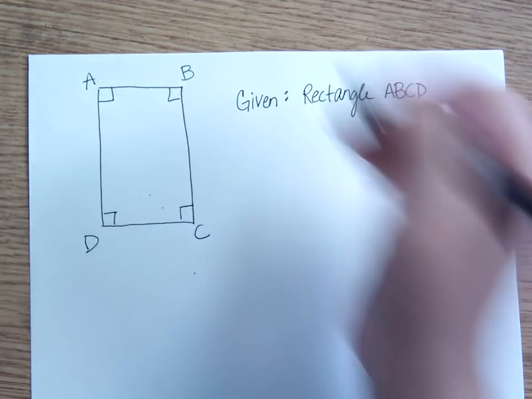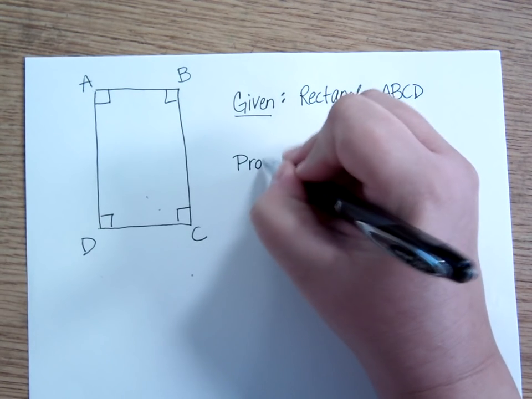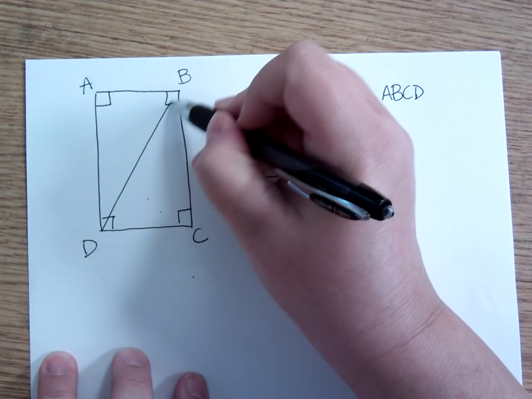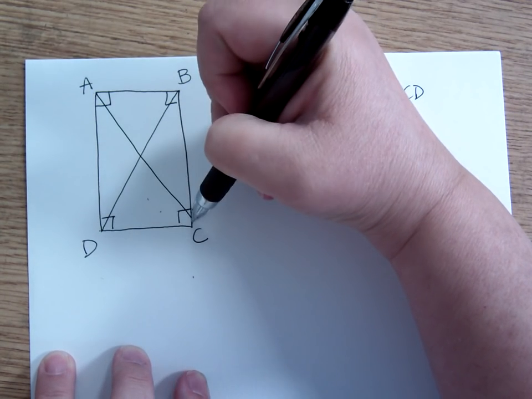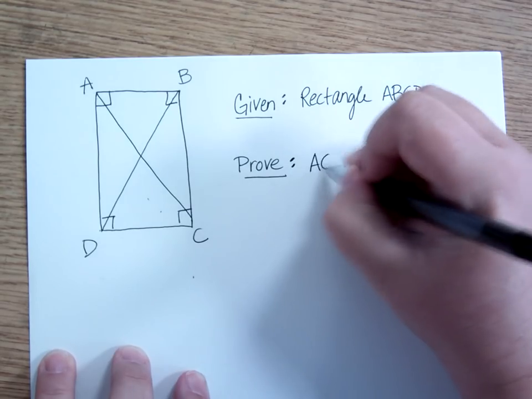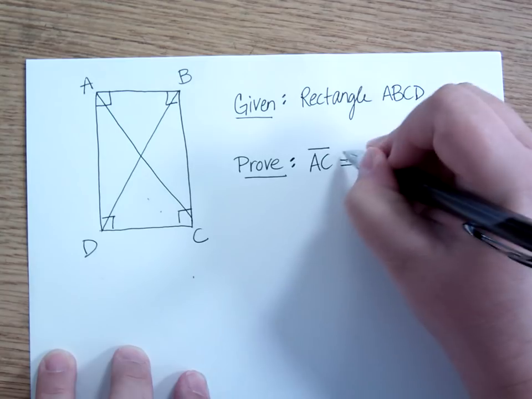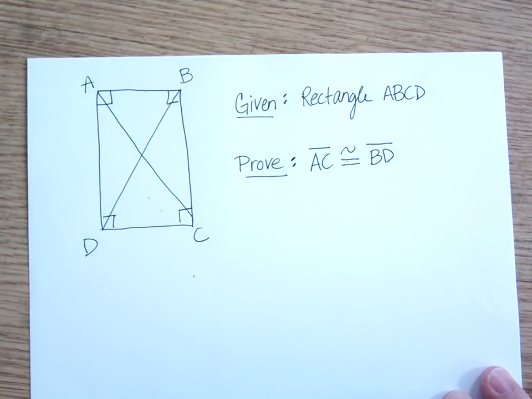So that's my given, and I want to prove that segment BD and segment AC have what relationship? What relationship should AC have to BD? They should be congruent. So I'm going to prove that.